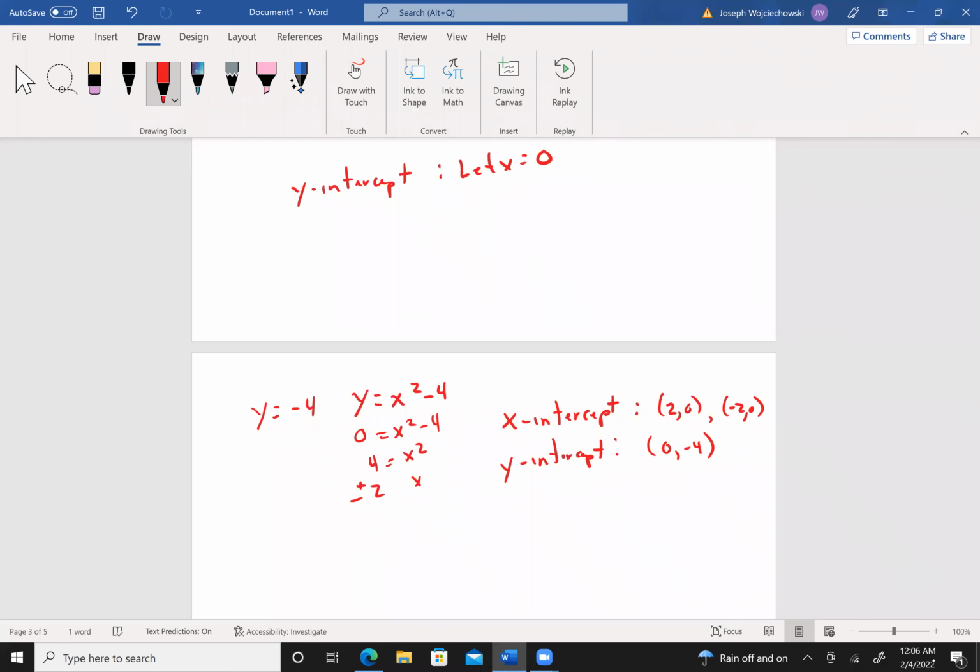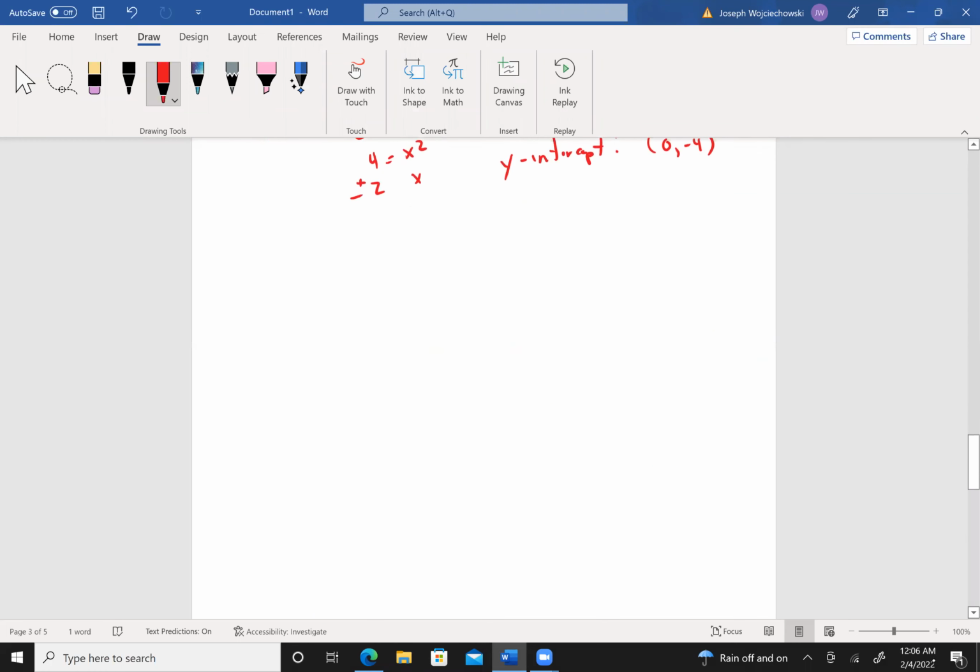Okay, so the last thing we have on here for this section is using your calculator to graph an equation. We'll stick with something simple to start with. Let's graph y equals 2x plus 1. So here's how we do this.